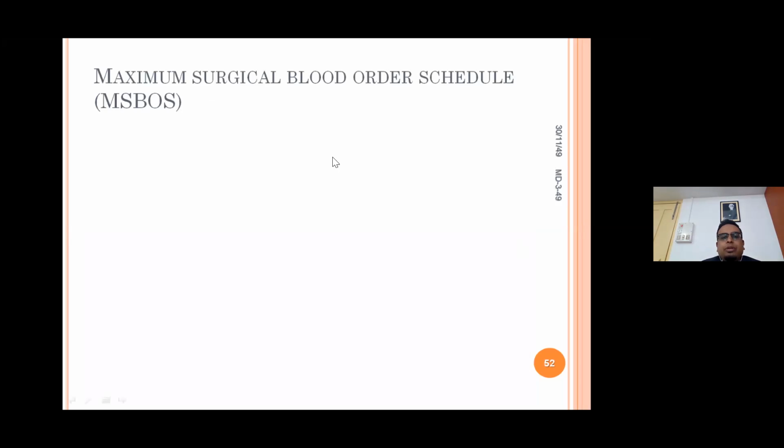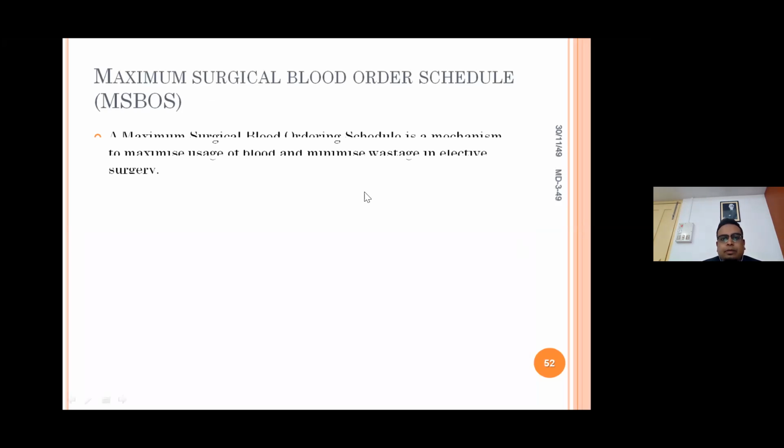Now coming to one more important aspect, which is the maximum surgical blood order schedule. What is this maximum surgical blood order schedule, or MSBOS in terms of its abbreviation? It is a mechanism to maximize usage of blood and minimize wastage in elective surgery.